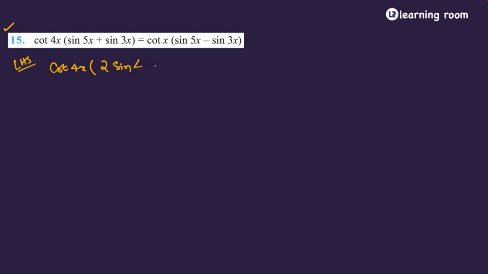So sin 4x cos of (a minus b) by 2, which is going to be x itself. So this will be cot 4x into 2 sin 4x cos x.